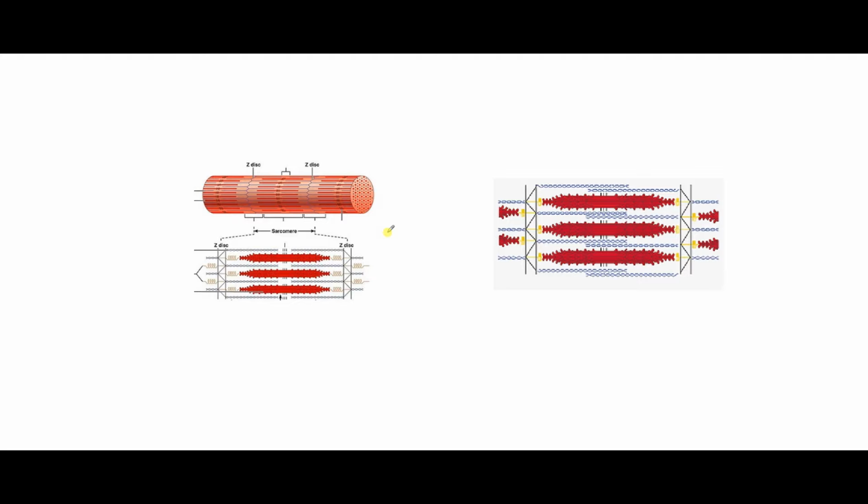And when we do that, then we release that energy and we go into our relaxation phase, where we move back to our standard situation with these coils relaxed, the Z-discs back into their original position, and the myosin head, or the myosin in general, just being right back in the middle of the sarcomere. Hopefully that made sense. I really hope it did.